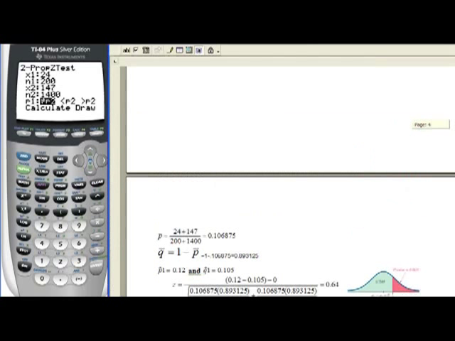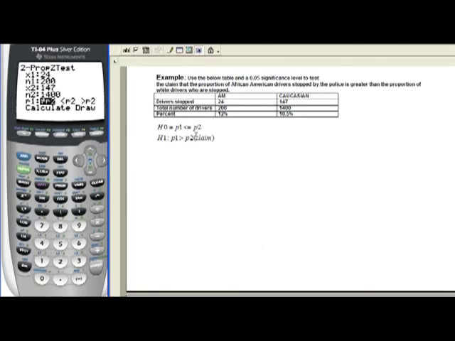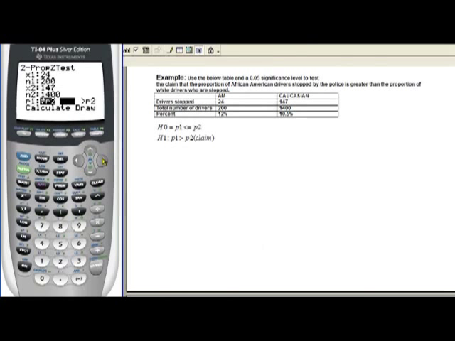And to pick the alternative hypothesis, you have to look at H1, and that is greater than. And I would have gone and calculated.